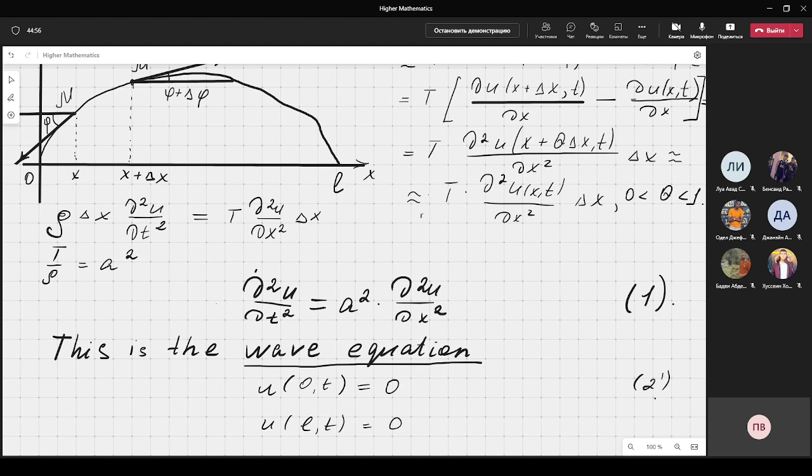Two prime and 2 prime. These equations are the boundary conditions for our problem.